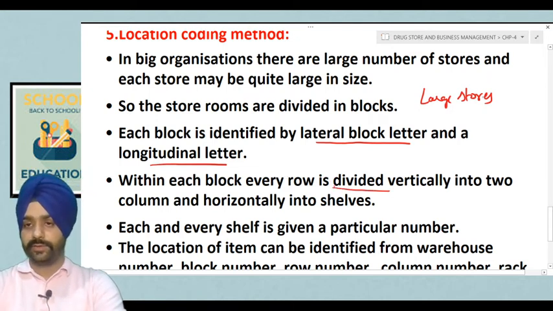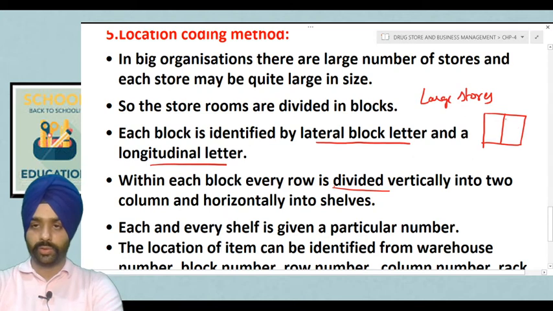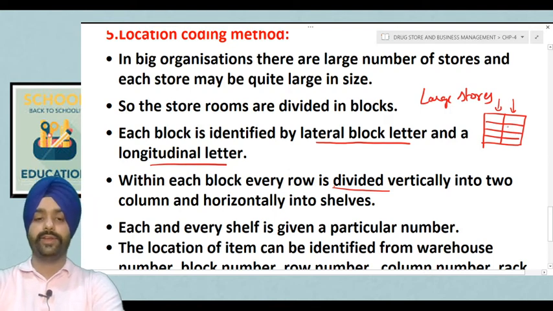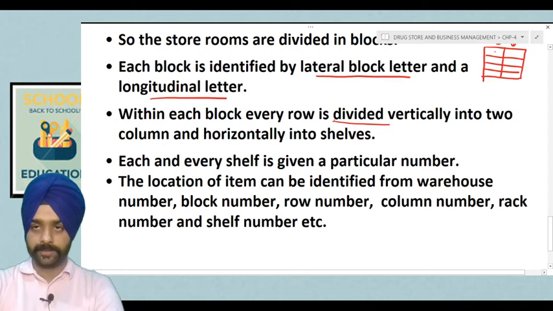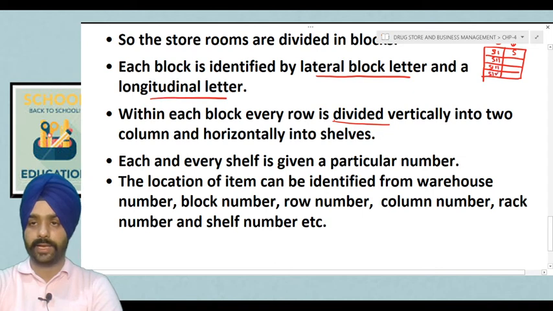Within each block, every row is divided vertically into 2 columns and horizontally into shelves. For example, if this is a particular block, it is usually divided into 2 vertical rows and into various horizontal shelves. Each and every shelf is given a particular number. For example, this is S1, this is S11, this is S111 and this is S4.